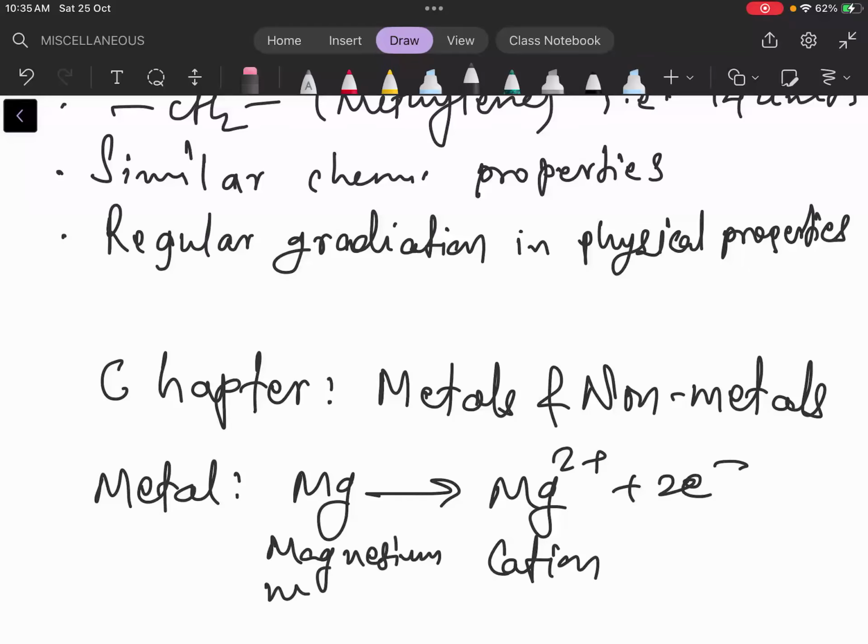Magnesium metal undergoes loss of electrons forming Mg2+ ion, that is magnesium cation, right? So, metals are the elements which have a tendency to lose one or more electrons and get converted to their positively charged cation. They're called what? Metals. Is there any doubt?